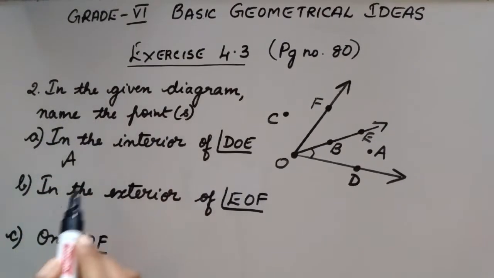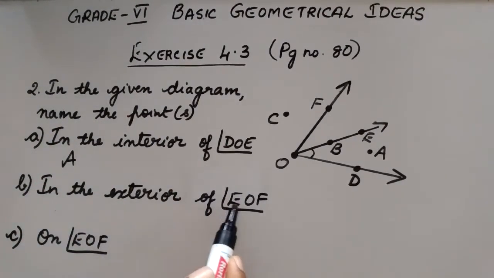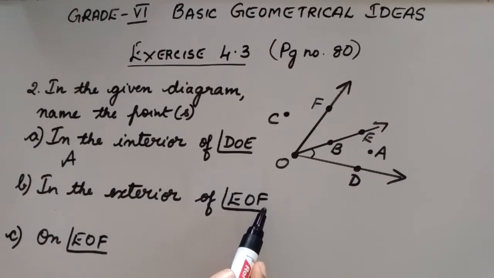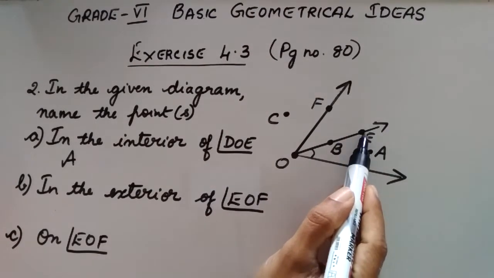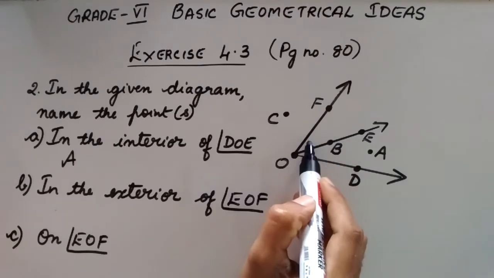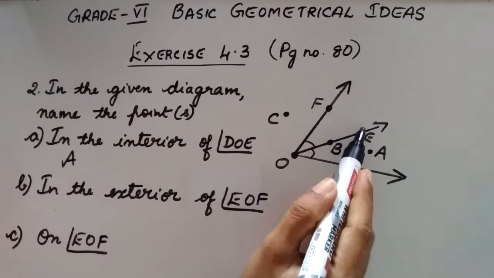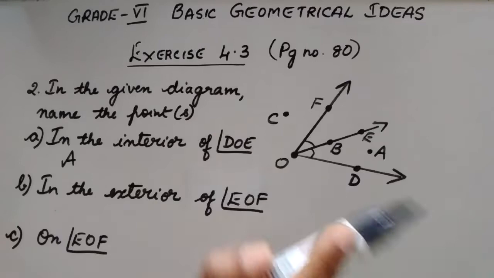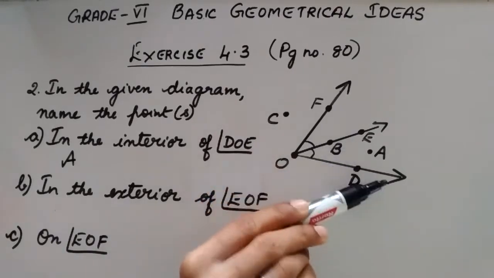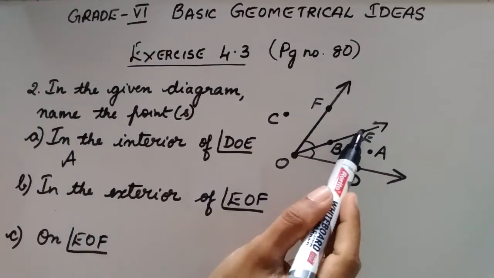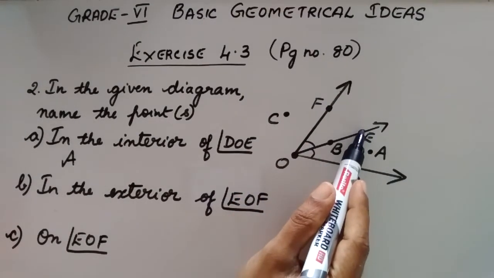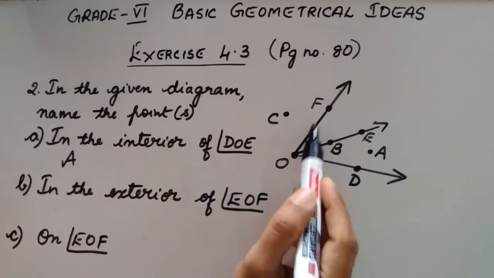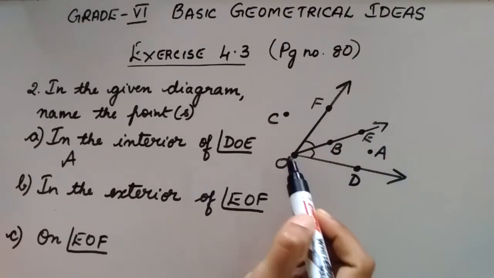Next, name the point in the exterior of angle EOF. Exterior means outside. So, where is angle EOF? It's here. Now, exterior. So even this part is not included here. So in the exterior, that is outside of EOF, how many points do we have?